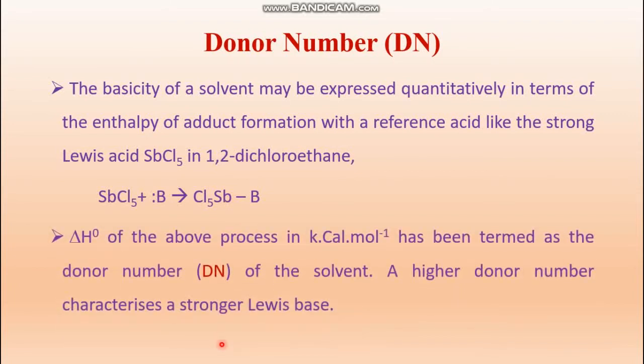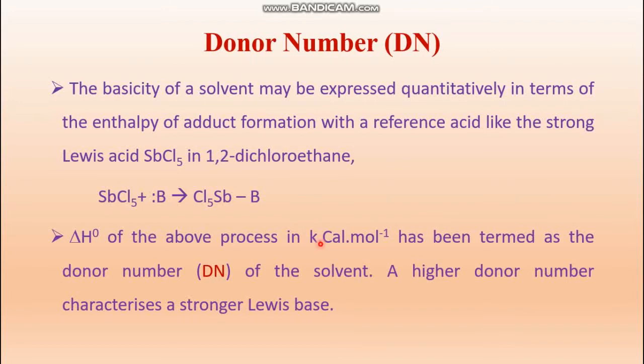This is determined by the calorimeter. So this delta H0 value is determined in the unit kilocalorie per mole, and this value is actually termed the donor number. So donor number actually is not a number, it is a thermodynamic property.